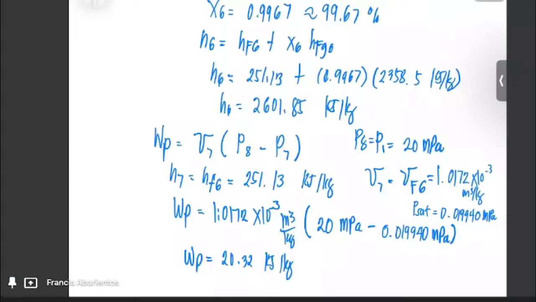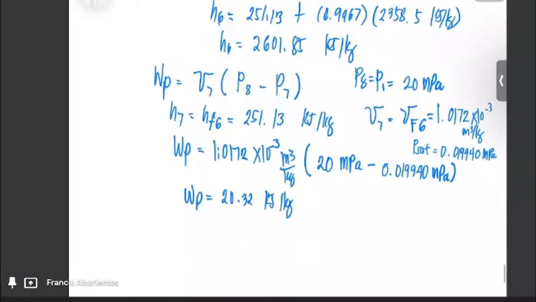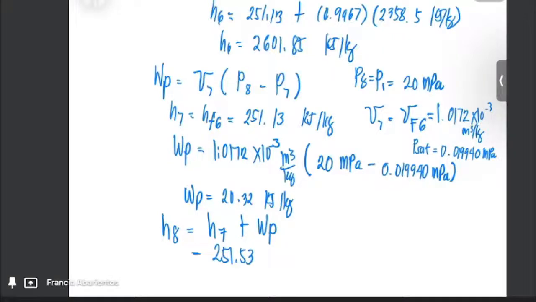So, ano na yung solve natin? Last but not the least, we make use of finding the H8, the H7. Tapos, yung work ng pump. Ayan. Work ng pump natin, 20.32.